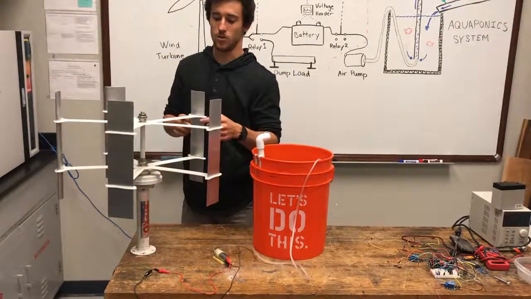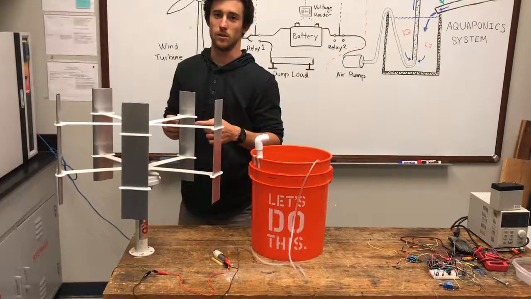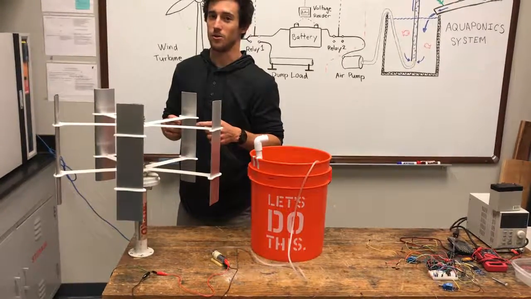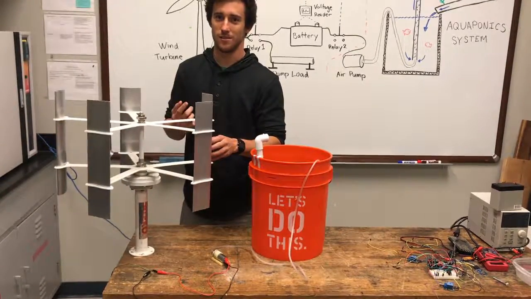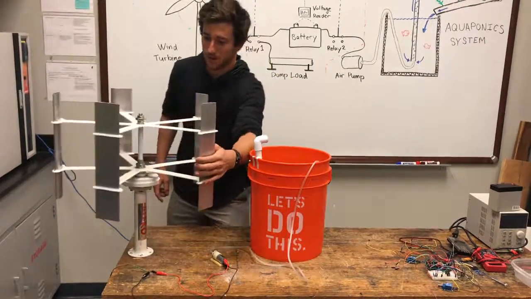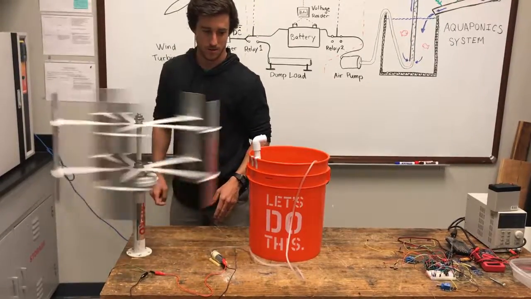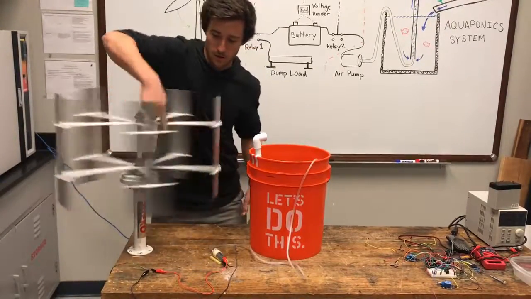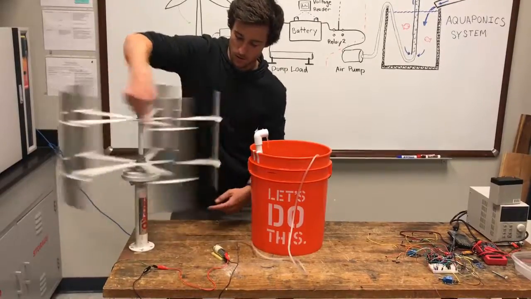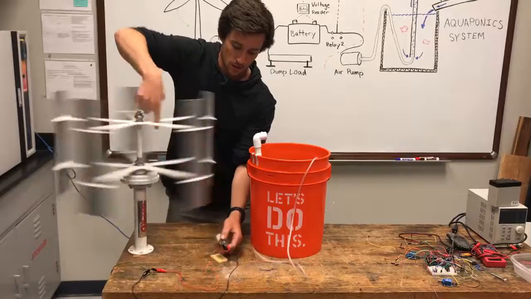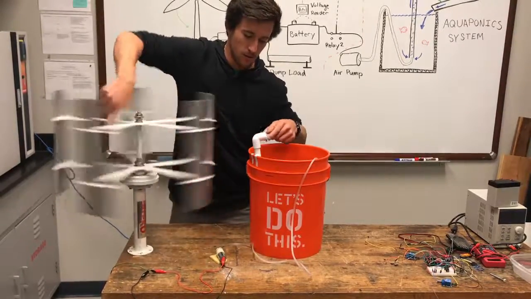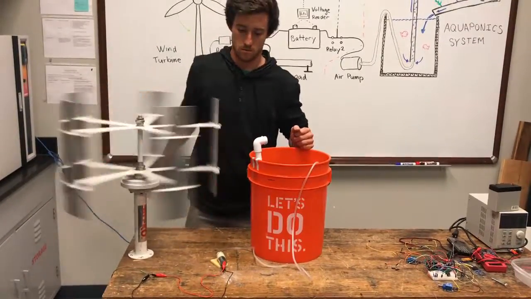Keep in mind that this generator's nominal operating speed is supposed to be 22 miles an hour according to the manufacturer setting. So I have to spin it really hard to get a decent amount of current to power a pump. So as the turbine spins, it turns the generator, which produces electricity, powers our pump, and we have water flow.